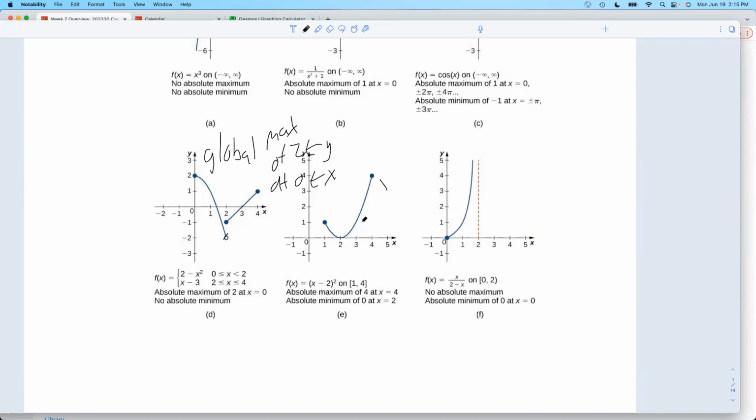Look at this guy. What's his maximum value? It's right there, 4 at 4. The value is 4 and it occurs at x equals 4. That's the biggest value. What's the minimum? There is, remember, somebody put the solid dot there and a solid dot there.